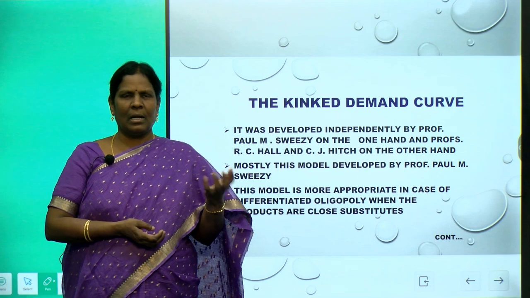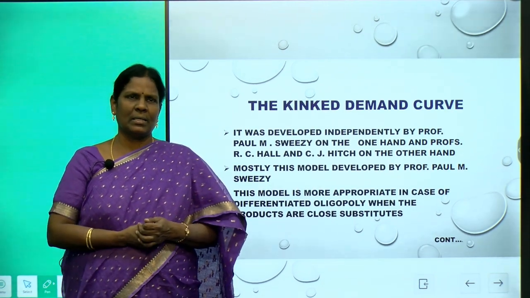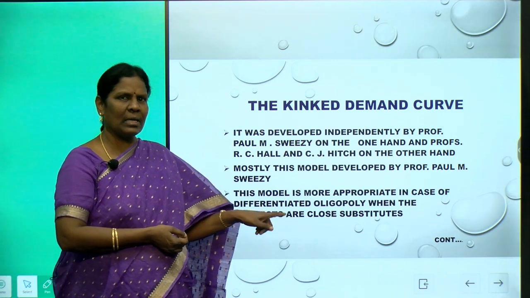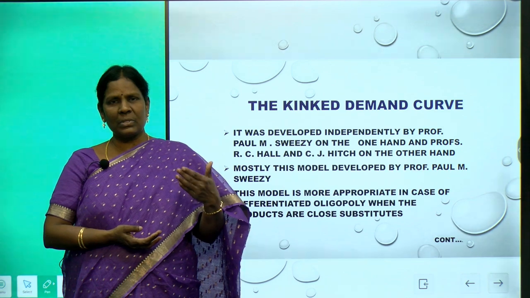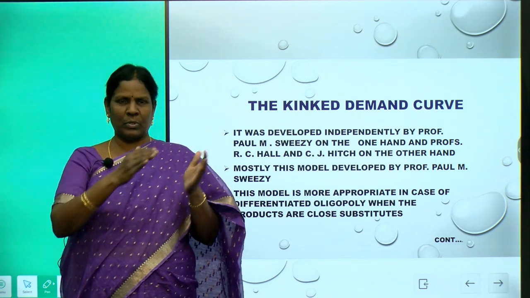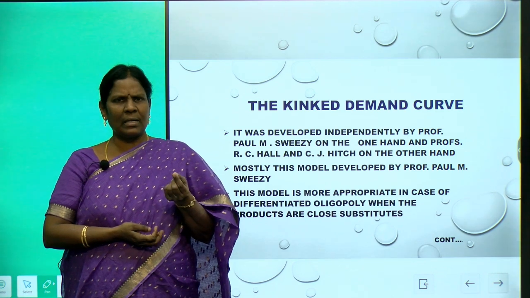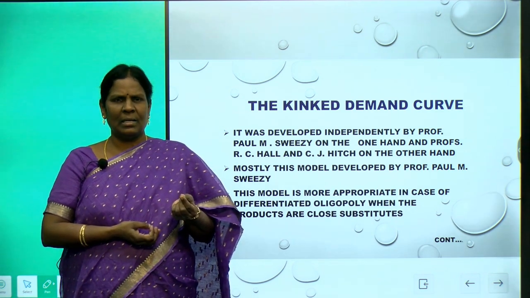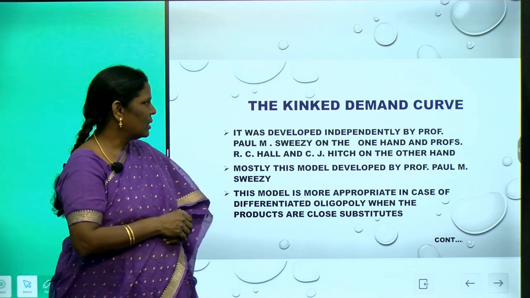Higher the price, lower is the demand; lower the price, higher is the demand. Here also, in the oligopoly market, the firm's demand curve slopes downwards from left to right, but it has a peculiar nature in the sense that there is a kink in the demand curve.